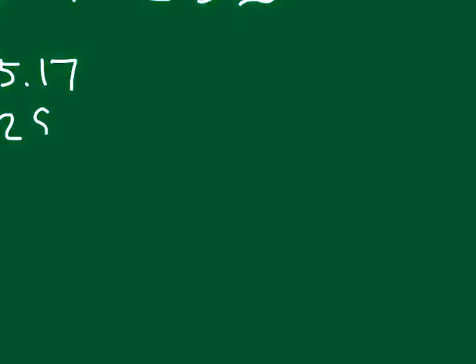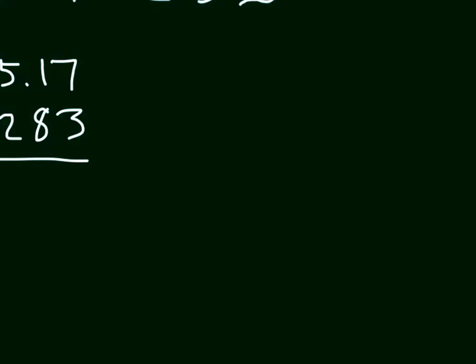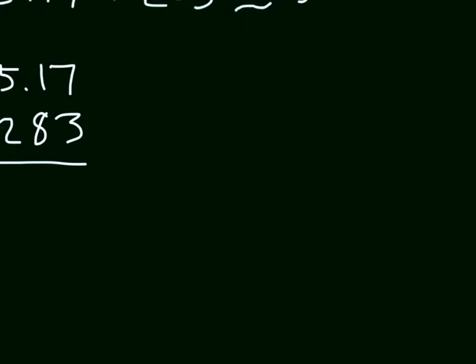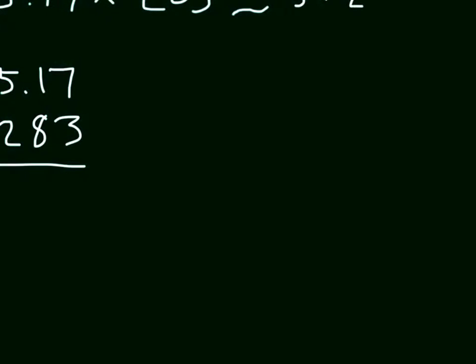Here we have another problem where it's asking not only for the estimate, but the problem also asks for the exact answer. So we'll go ahead and set that up. For our estimate, 5 and 17 hundredths times 283, that's close to 5, times, go to 300, you can also go to 280.